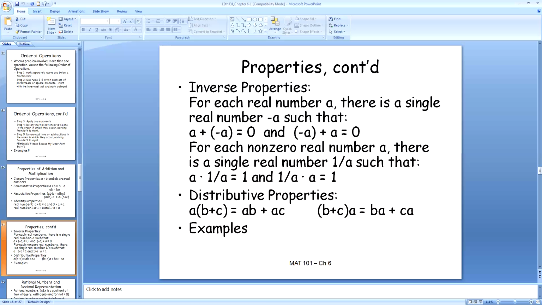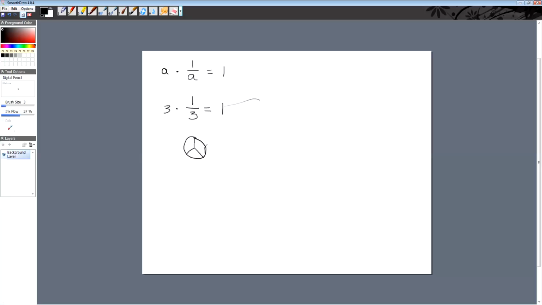Distributive properties: if you have a number times a sum inside parentheses, A times quantity B plus C, you take the A and multiply it by each one individually. So an example of the distributive property here would be, let's say, 3 times 5 plus 7.